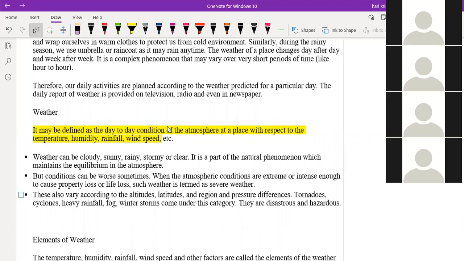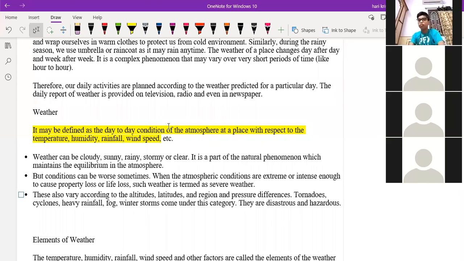So it will change from place to place within a short time itself. That is the weather. Understanding? It is the day-to-day condition of the atmosphere at a particular place with respect to the temperature, humidity, rainfall, and the wind speed. So it's a completely natural phenomenon which is used to maintain the equilibrium in the atmosphere.